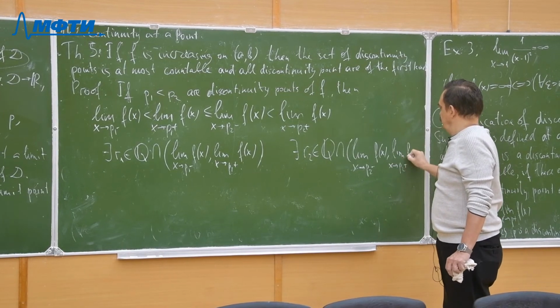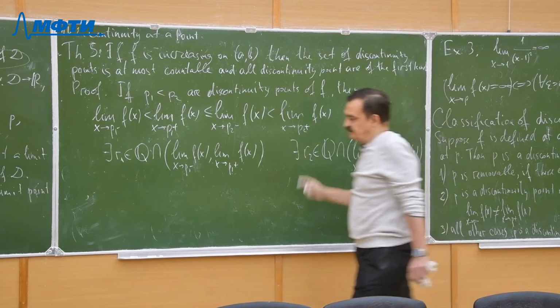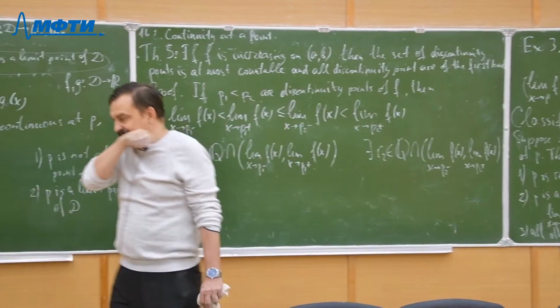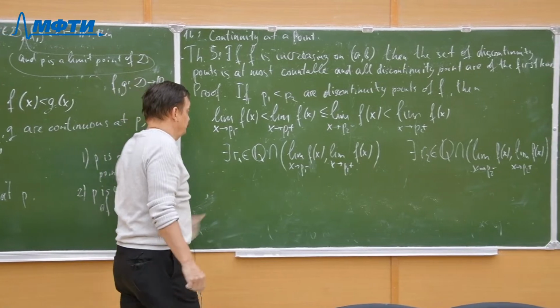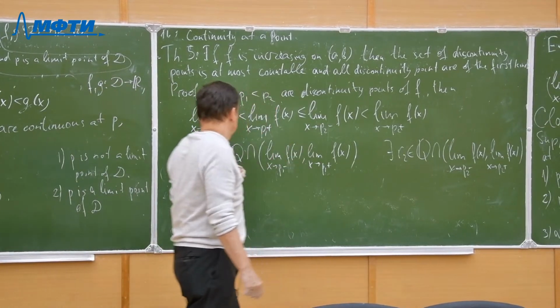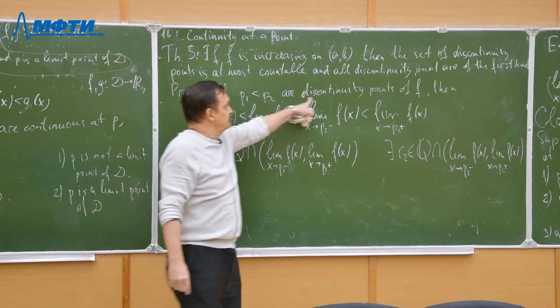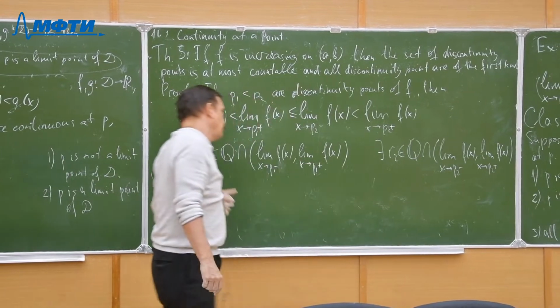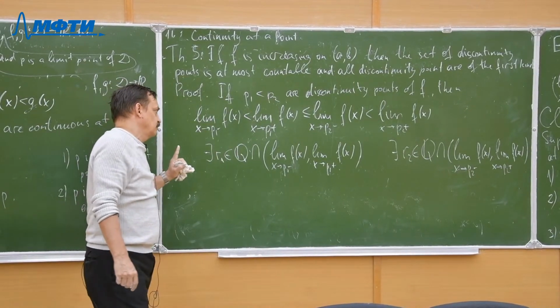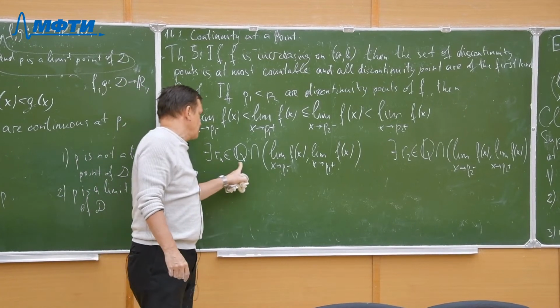And these are different rational numbers. So it means that for every discontinuity point, we can put into correspondence a rational number.